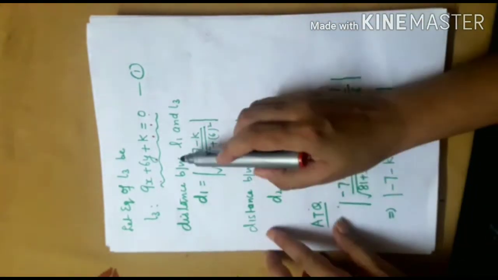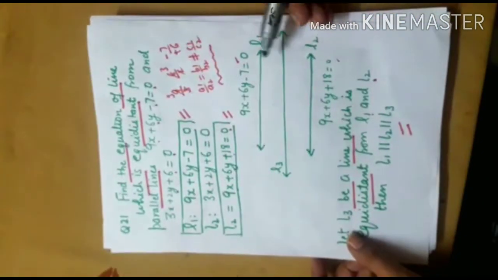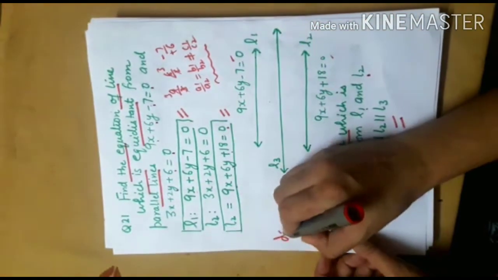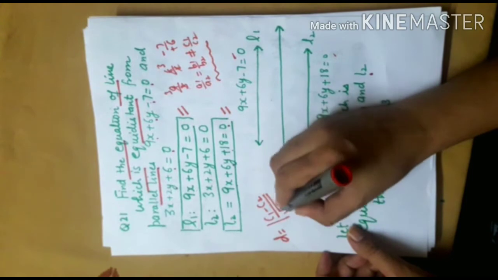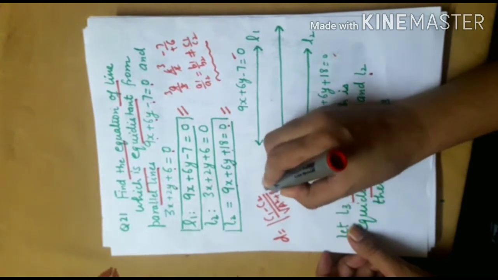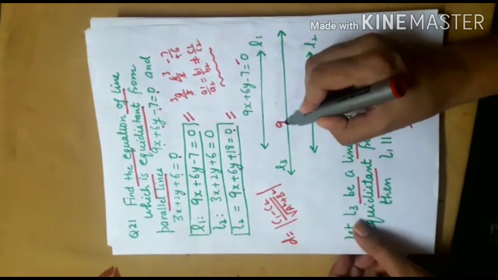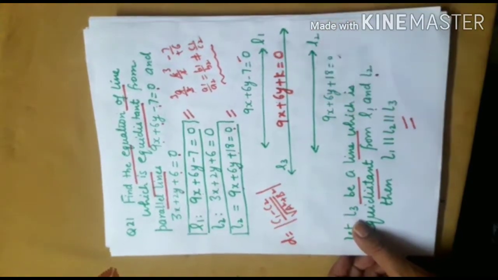Because equations of parallel lines differ in their constant term. Now, the distance between L1 and L3. Yes, the distance between parallel lines is given by |c1 - c2| over the square root of a² + b², right? Now, the equation of L3 is 9x + 6y + k = 0.